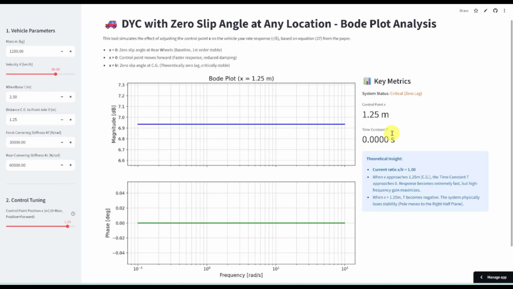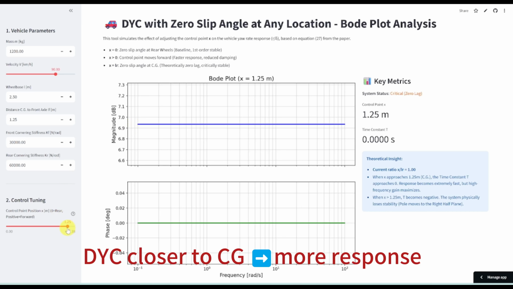This means as soon as you steer, the vehicle generates yaw immediately with absolutely no delay. The vehicle's response is maximized, but it's not user-friendly. From input to output, human perception requires a system to have a certain amount of delay. So, we can draw the first conclusion. The closer the DYC action point is to the center of gravity, the faster the vehicle responds.